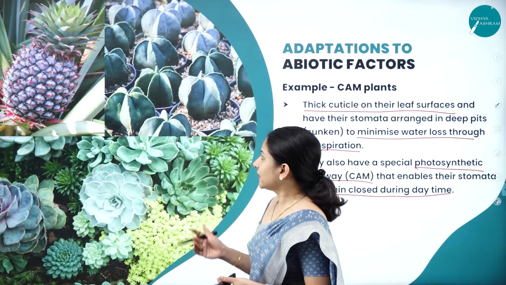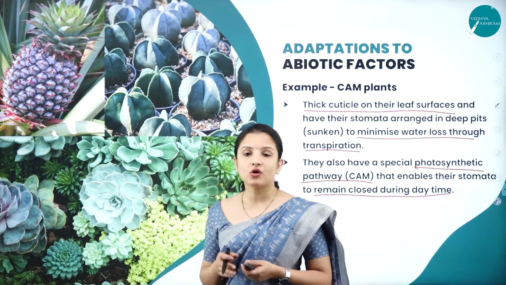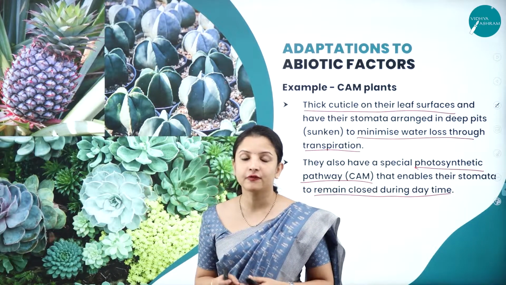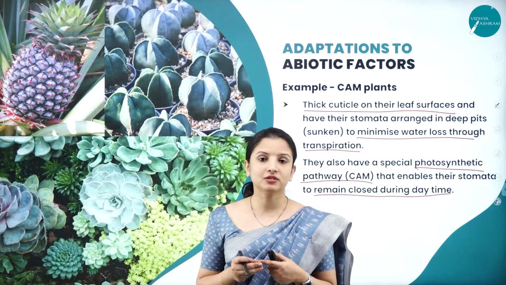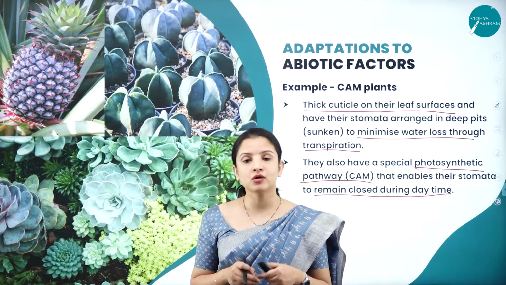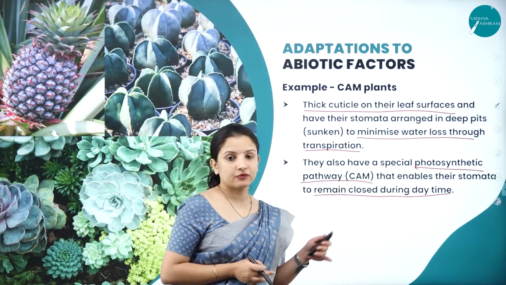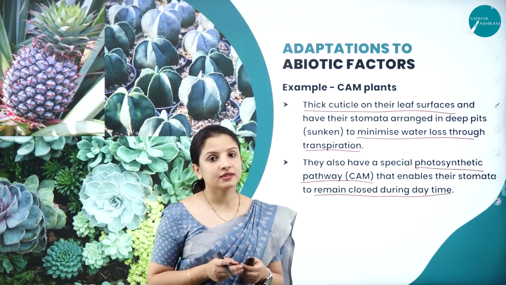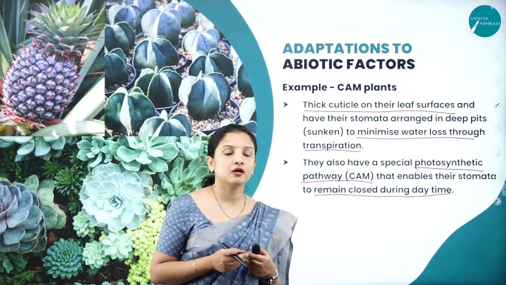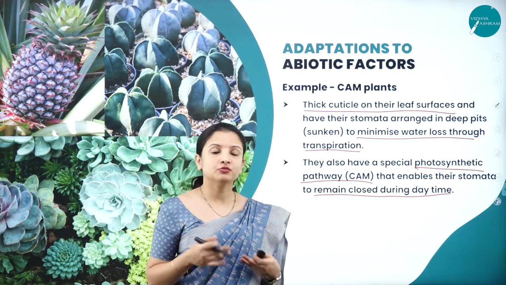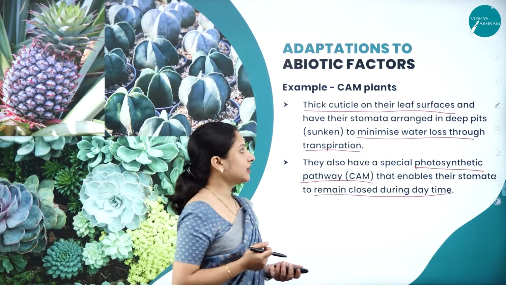So cactuses and various succulents, pineapples, all these are the best examples of crassulacean acid metabolism plants, which can even grow with the scarcity of water.